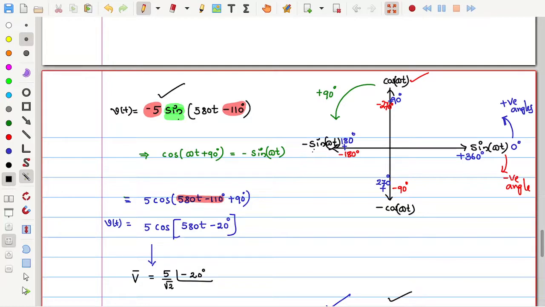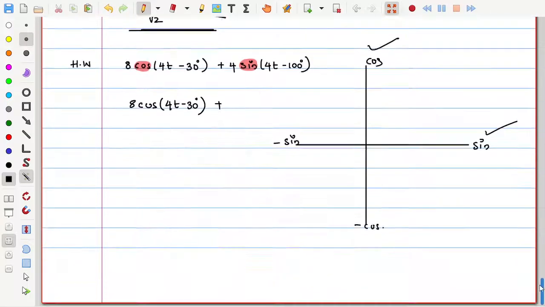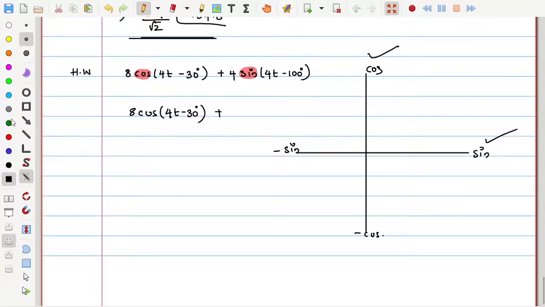From desired to available you move. In which direction am I moving? If it is so, this is my desired thing and what is available is minus sine. This is clockwise, so this is minus 90 degrees. So simply I will say 4 cos of this entire thing, 40 minus 100, so minus 90 degrees.